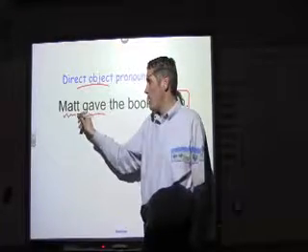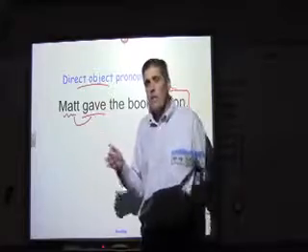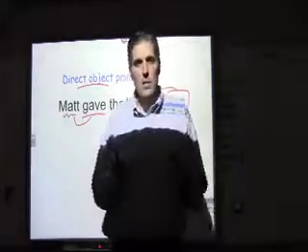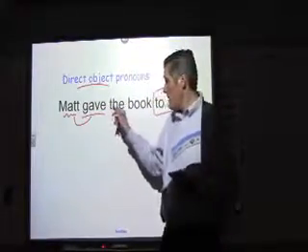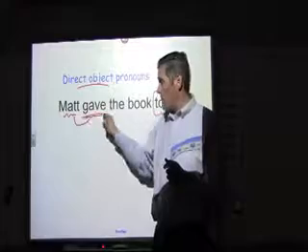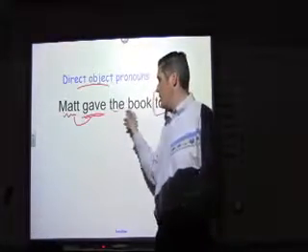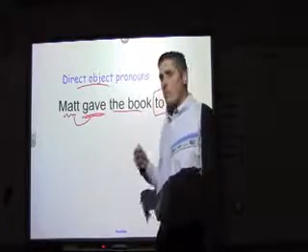We have our subject and our verb, Matt gave. But what did he give? What is directly receiving the action of the verb? Now I know that's grammar talk, but when we see the verb, what we do is we ask what is being given, and that's how we know what the direct object is, what's directly receiving the action. So the book is what's being given.